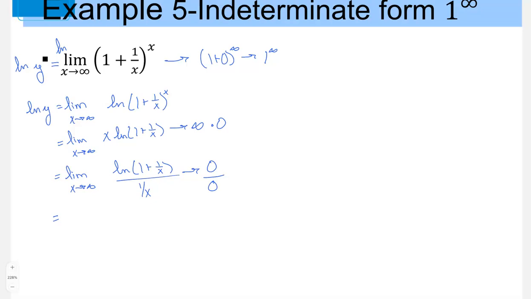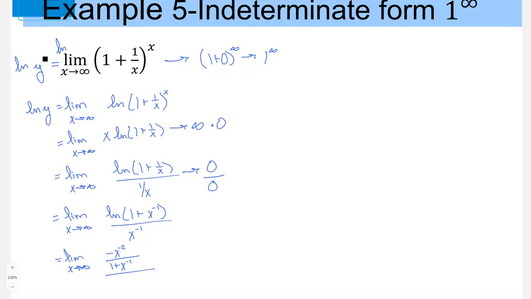So to use L'Hopital's, we're going to take the derivative of the top and the derivative of the bottom. So I'm going to rewrite this. The derivative of the top is negative x to the negative 2 over 1 plus x to the negative 1.